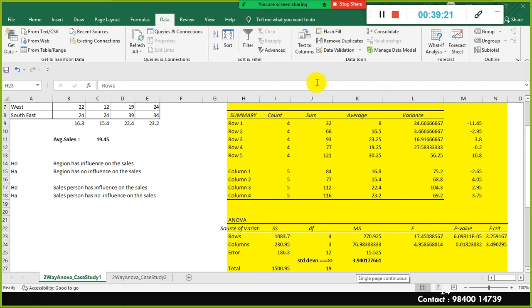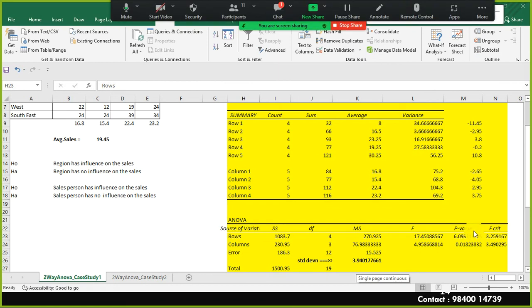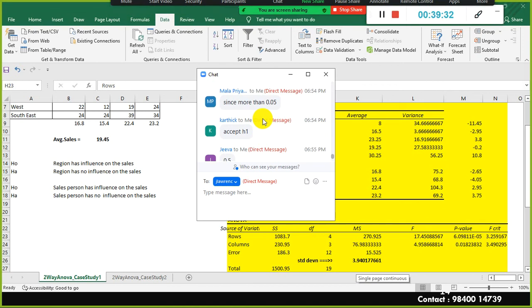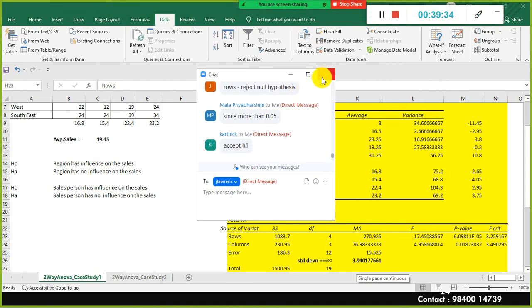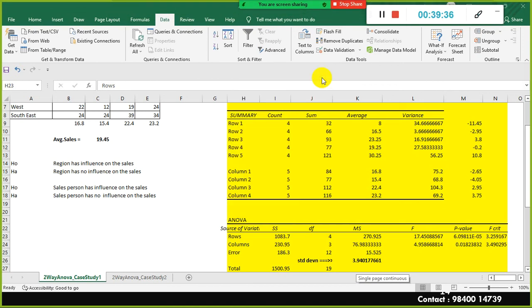Why? Since more than 0.05. So here don't use 0.05, only when it relates to the p-value do you need to compare with alpha. What Mala says, since more than 0.05, no, less than 0.05.